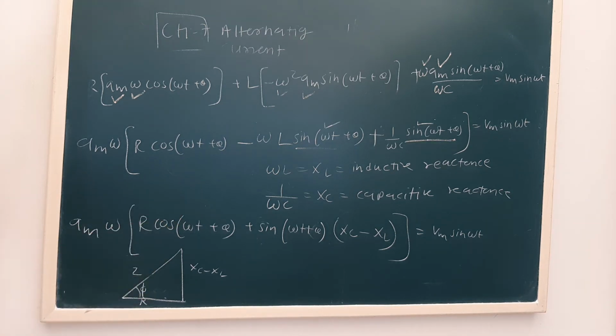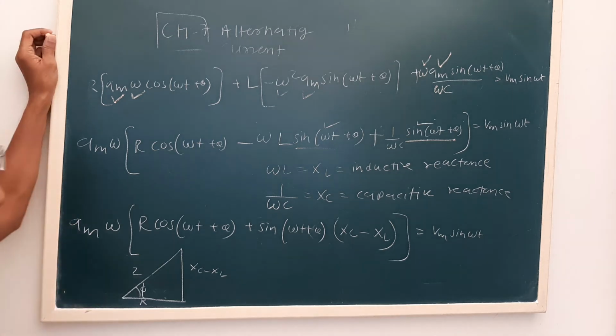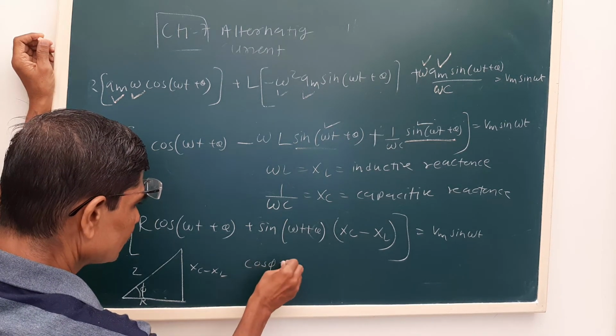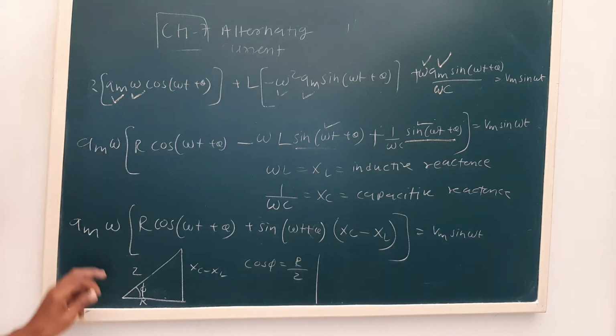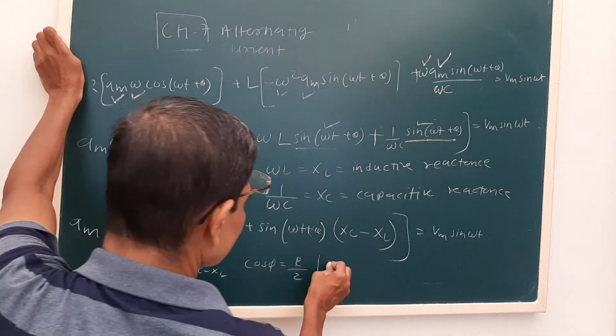Now from the geometry of the figure, see what is cos phi: adjacent upon hypotenuse, that is R by Z. And what is sin phi?